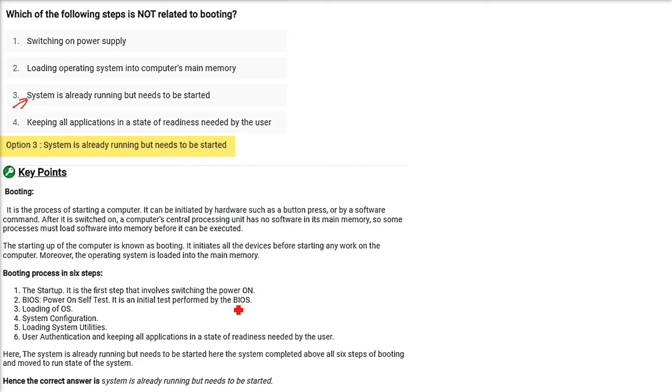So the startup: first power-on self-test, the initial test performed by the BIOS, loading of the OS, then the system configuration, then loading the system utilities, and then the authentication, and then you can enter and start the work. So when the system is already running but needs to be started, it is not a part.